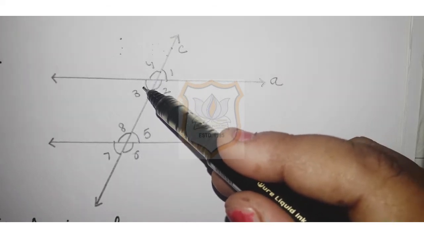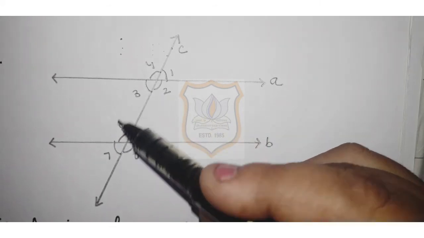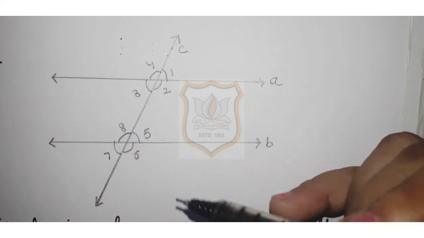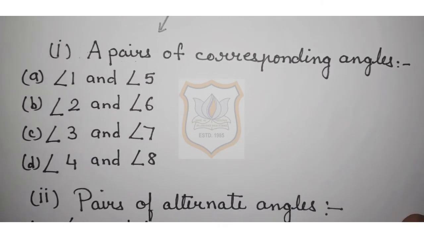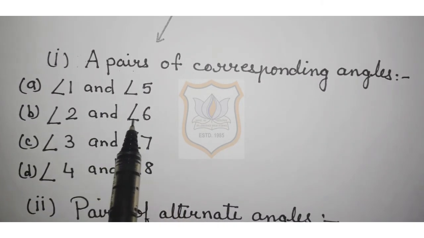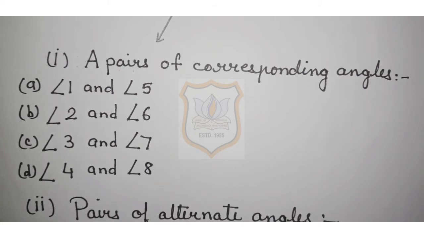Again, angle 3 and angle 7, and angle 4 and angle 8. These are 4 pairs of corresponding angles. So, in this way we will write angle 1 and angle 5, angle 2 and angle 6, angle 3 and angle 7 and angle 4 and angle 8.